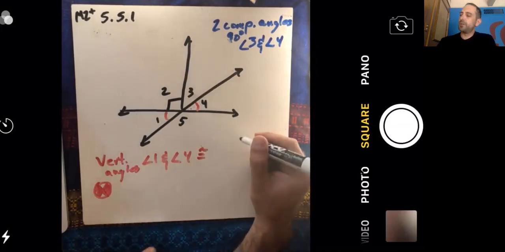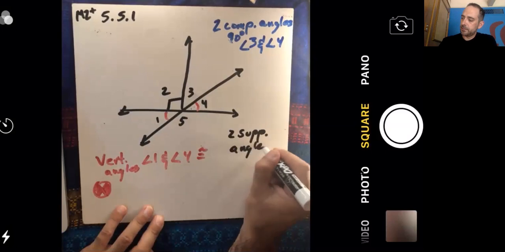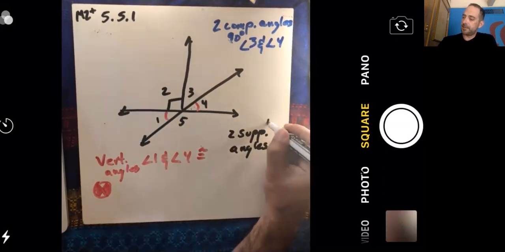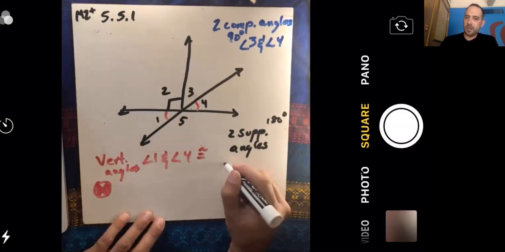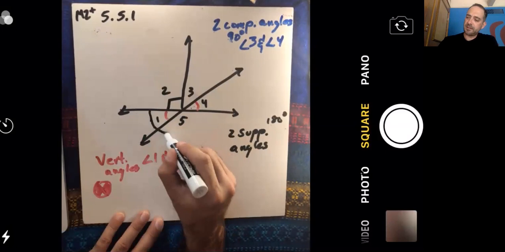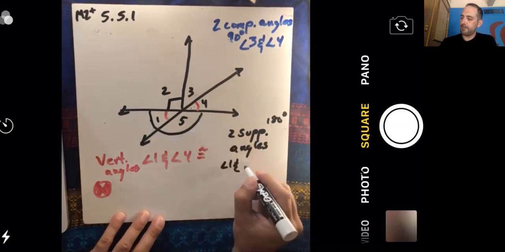Now, how about two supplementary angles? Remember, supplementary means adds up to 180 degrees. So we want to find two angles that make a flat line. There's a couple options here. We can go angle 1 and 5, because look, this makes 180 degrees.